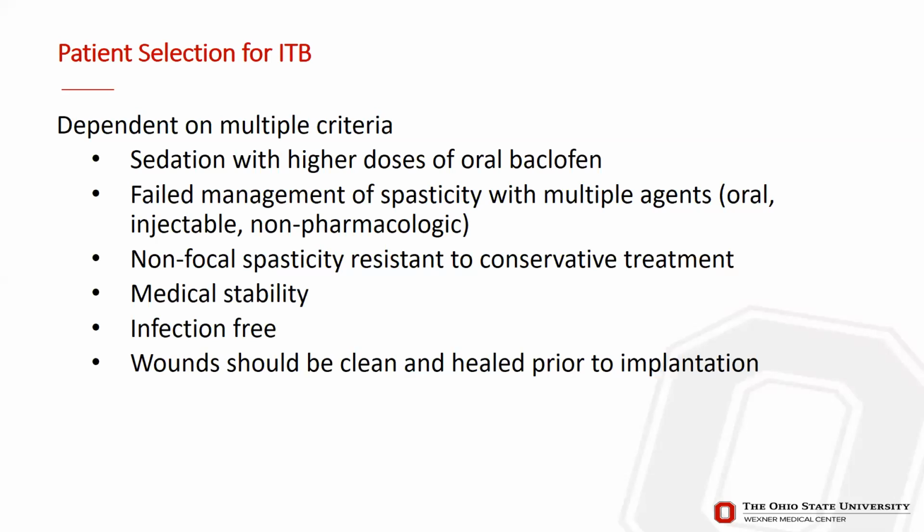And they have to be very medically stable and infection-free. And wounds should all be healed because of where the pump and the catheter goes in. You don't want any wounds near those areas that could potentially get infected, because immediately that bacteria is going to go to the implanted device and infect it.